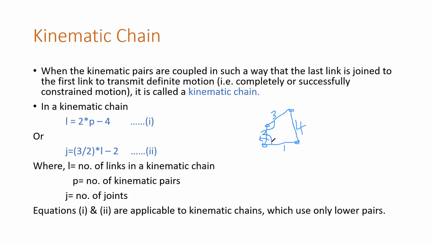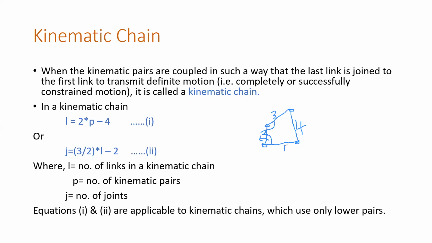There you can see one kinematic pair is formed by link 1 and link 2. Then link 2 and link 3 are also in contact, so they make another kinematic pair. Link 3 and link 4 are again in contact, making one kinematic pair.